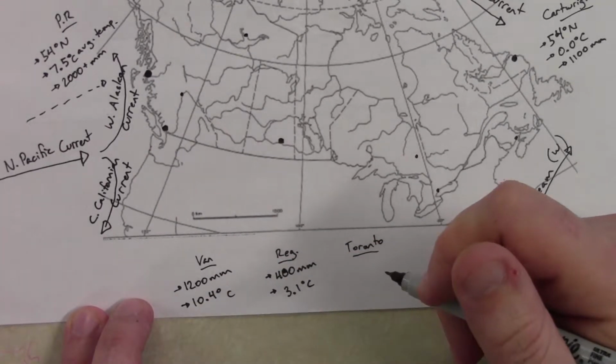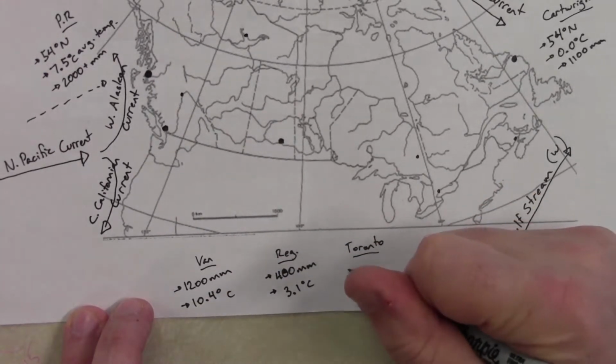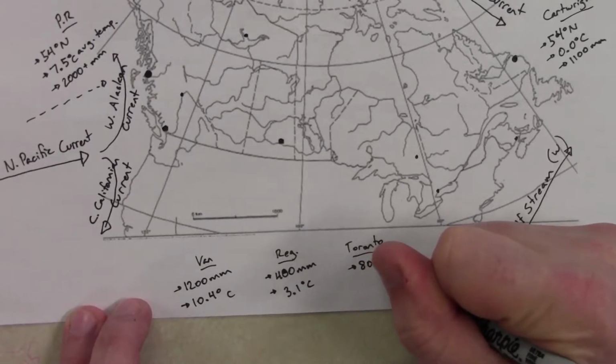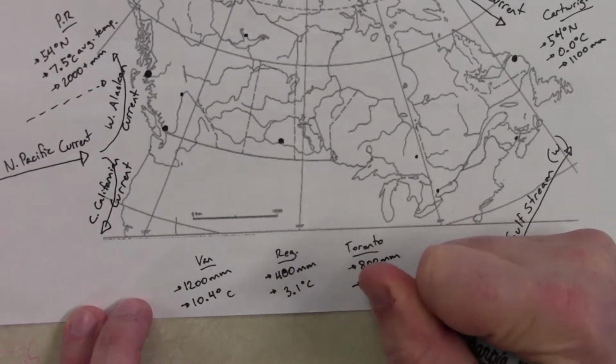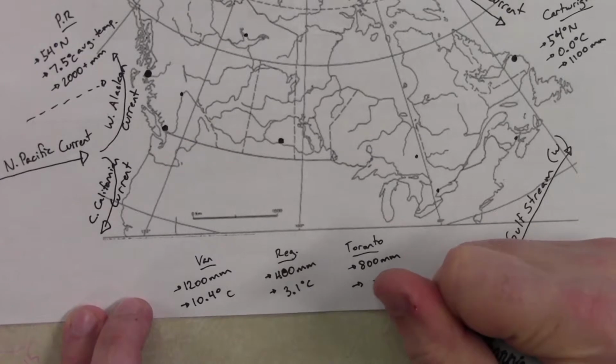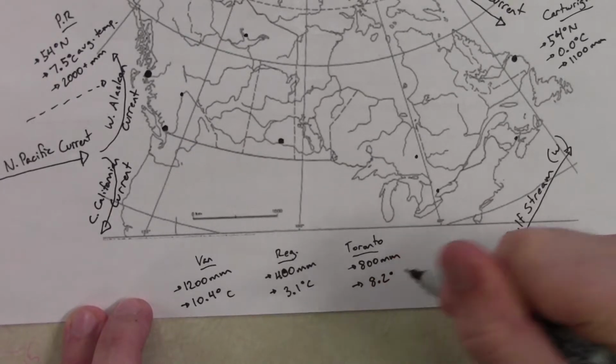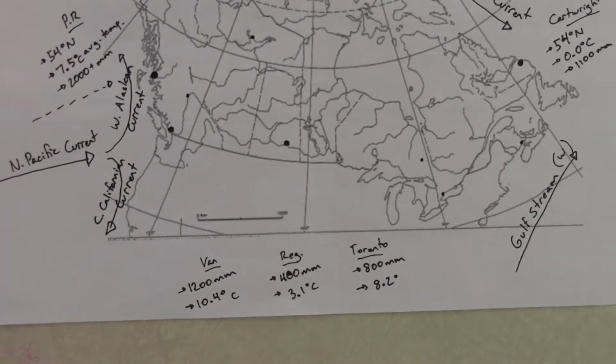And Toronto has an average precipitation of about 800 millimeters of rain, and an average temperature of 8.2 degrees. Okay, so I think those numbers absolutely drive home the point of the overall thing here.